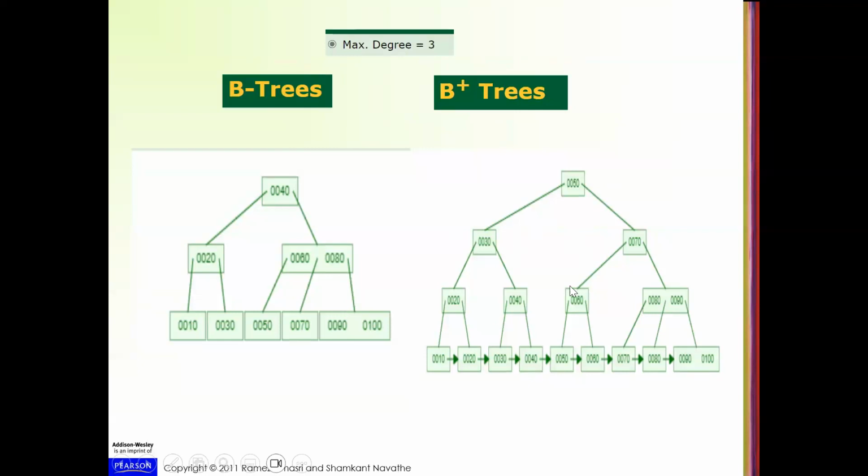Yeah, the B tree for these elements is shown here, and it is having lesser levels when compared to the B plus tree for the fact that these internal record pointers are kept in the leaf node also.